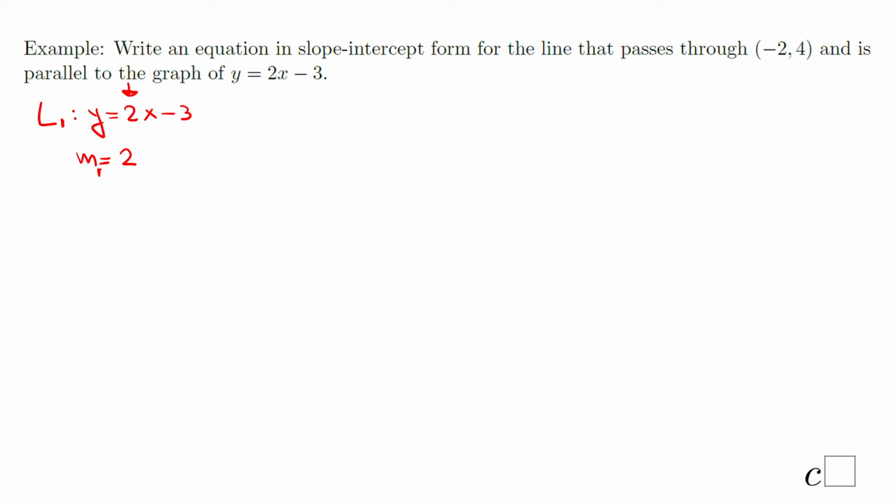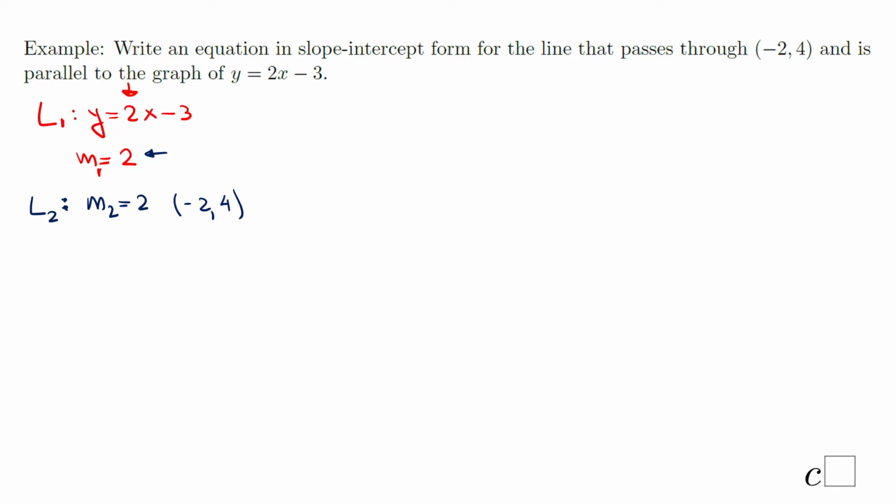Then I can move to the second line. The second line, what do we know? We know that it's parallel with the first line. Which means the second line has a slope of 2, the same as this one, and it goes through the point negative 2 and 4.